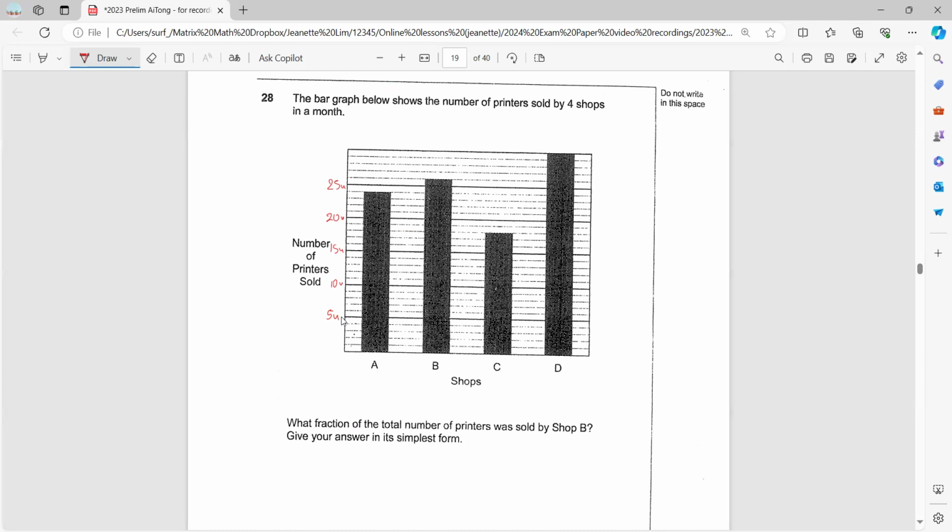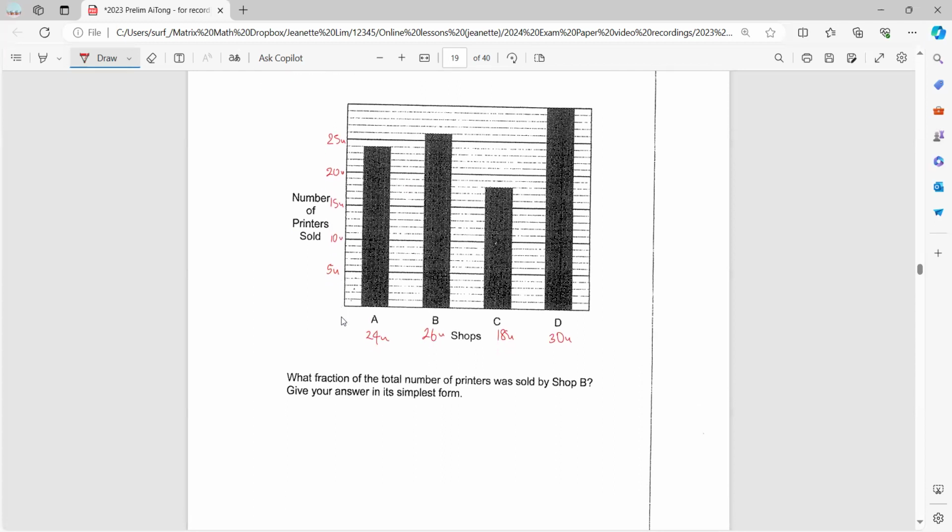So we're going to use units to indicate each shop's sales. First one is 24 units. Second one is 26 units. Then we have 18. And this is 30. So what fraction of the total was sold by shop B? Shop B is 26. 26 out of the total. What is the total?